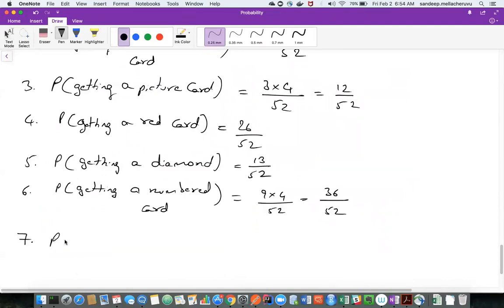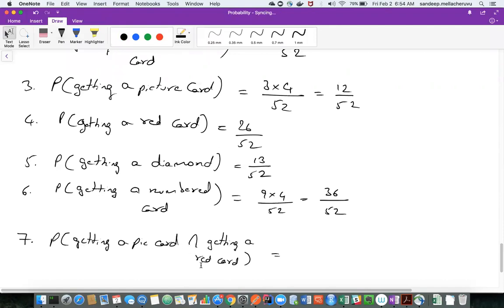Probability of getting a picture card intersection red card. Now I'm using an intersection, but don't fret.